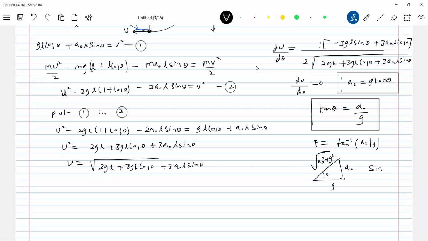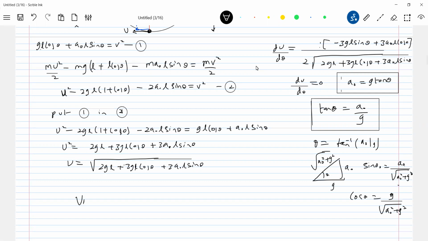Sin theta equals a naught by root of a naught square plus g square, and cos theta equals g by root of a naught square plus g square.